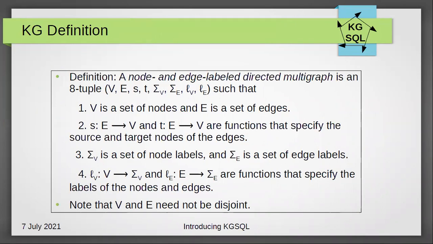For those who have a mathematical background, hopefully I don't need to explain this. But I would like to point out there's a critical final part to it, namely that the node and edge sets need not be disjoint. So edges can be nodes.